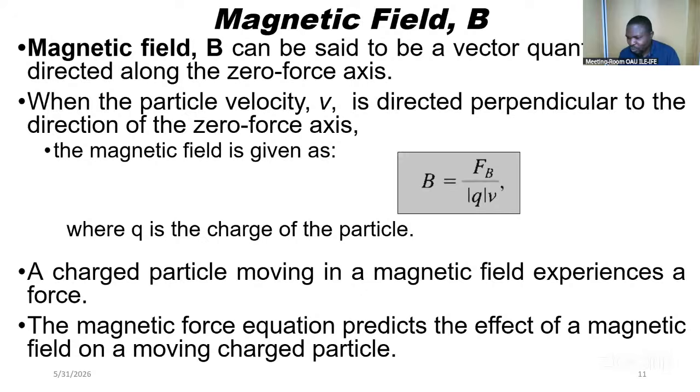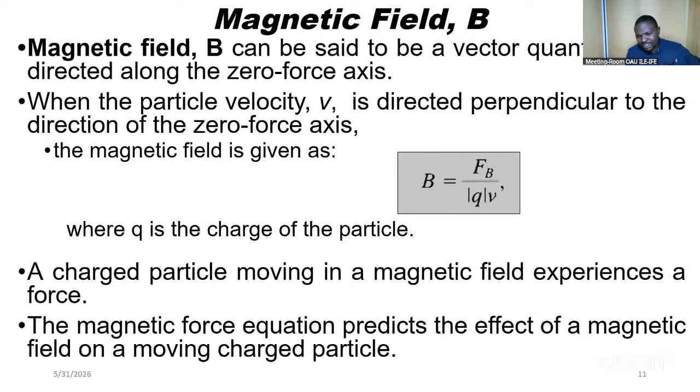So it's very simple. If you already know the electric field before, I've told you, you don't need to memorize it. Just replace the electric field with B, which is magnetic field, equal to the magnetic force.